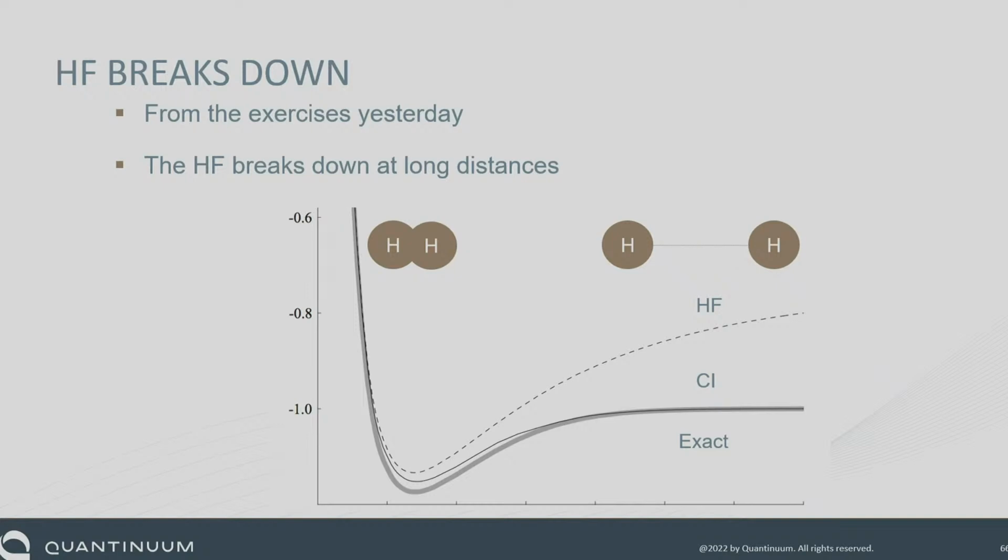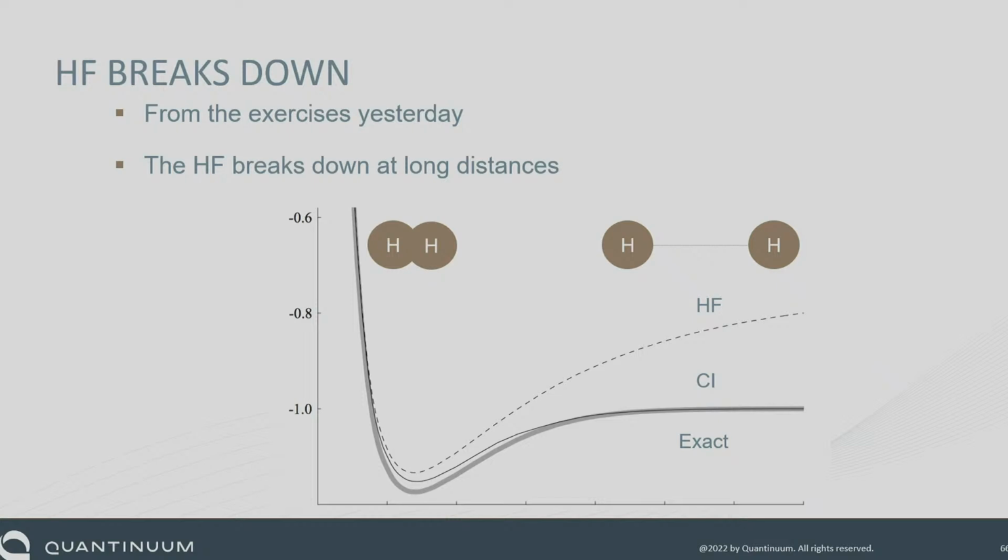Here's an example of where Hartree-Fock starts to break down. You've got your 2 hydrogen atoms at equilibrium geometry, and as you stretch the 2 hydrogens, Hartree-Fock gets way beyond the exact.